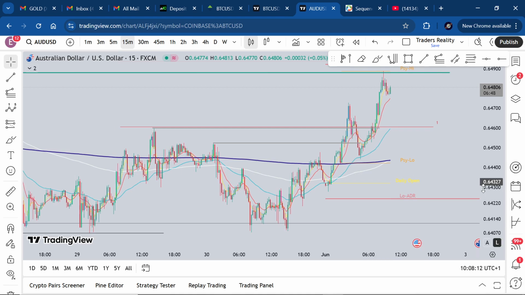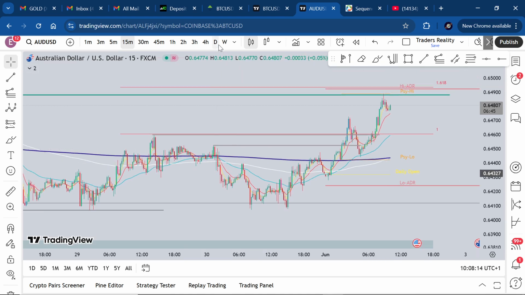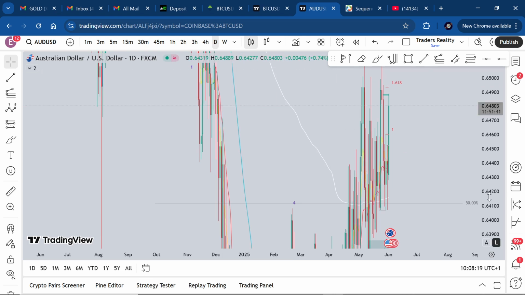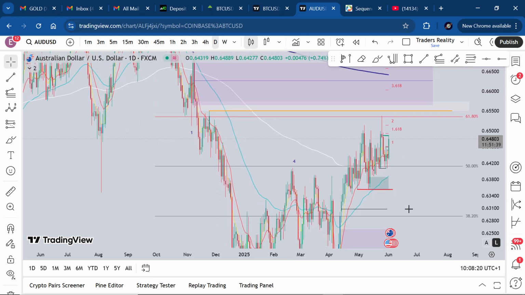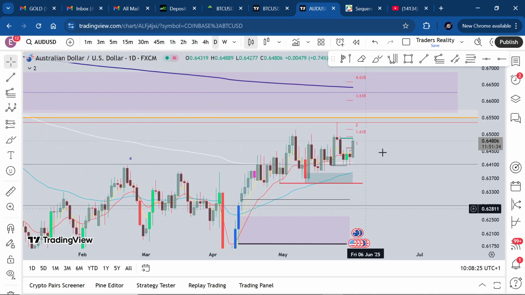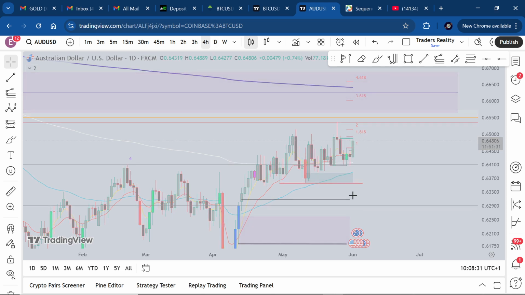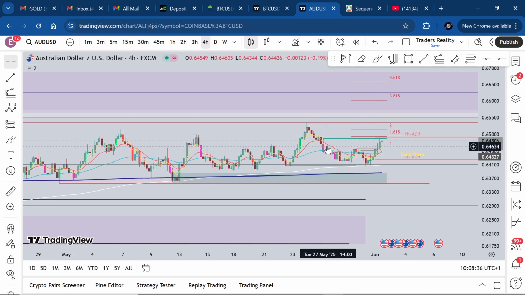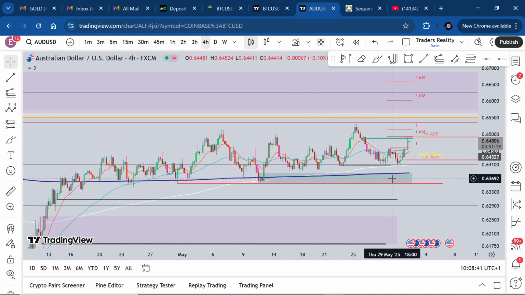Right, AUDUSD from the daily time frame. We've got this accumulation here. It's going to be just like NZDUSD. On the 4 hour, the green line here is going to be a nice confirmation, taking out this supply zone, confirming that this whole thing is an accumulation, with a break of this up here.